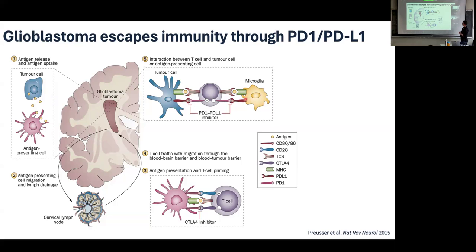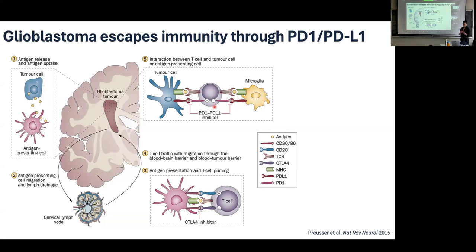Sorry, I'll try and remember to use my pointer for those online. This is when microglia, but also T cells, test cells to see whether they are foreign antigens or not. And presentation of PD-1 tells the T cell, don't eat me. But immune checkpoint inhibitors are used to break this PD-1, PD-L1 binding, telling the T cell that this is a foreign cell.